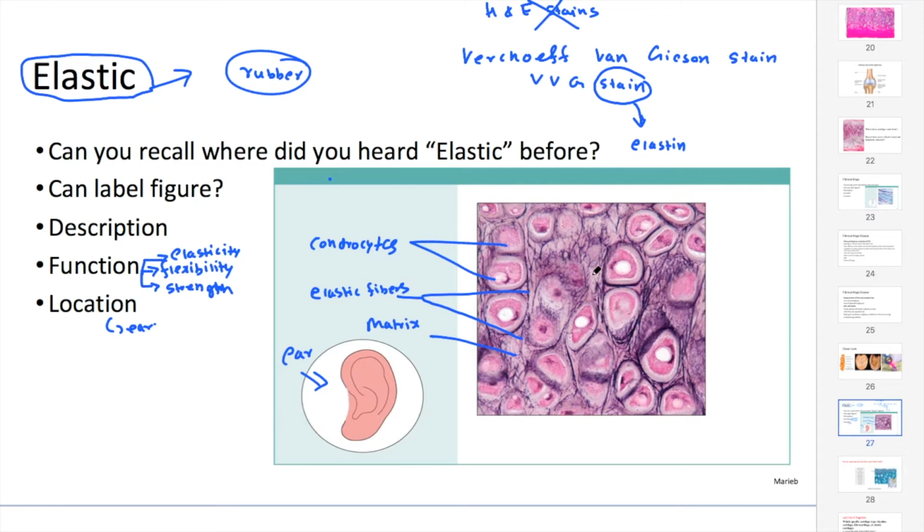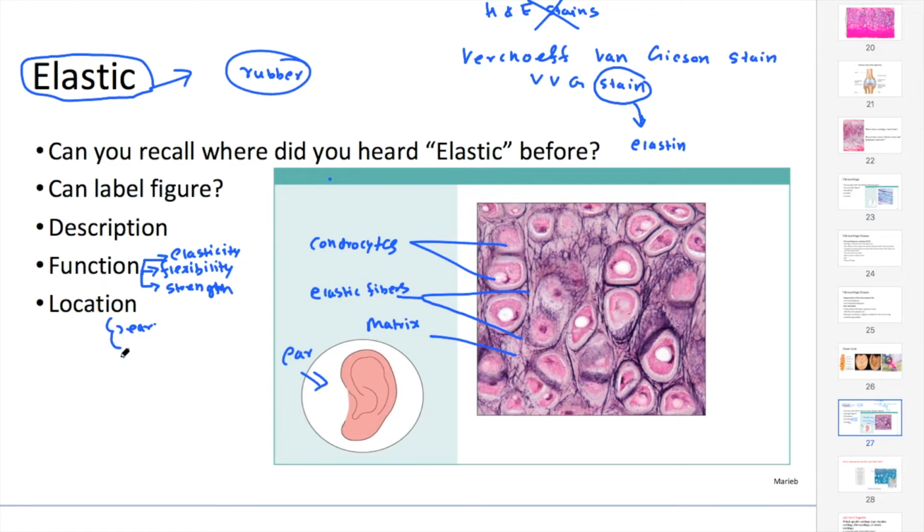So these fibroblasts actually occupy small spaces between these chondrocytes, but we actually cannot see those. But good to know, right? So the function we said, it allows tissue to recoil after stretching. If you stretch here, it has to recoil, right? Interesting.